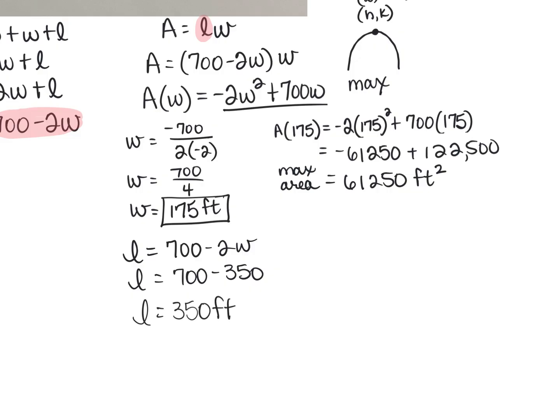Now again, the red is your first answer. That is the width that maximizes the area. Should it ask for the maximum area, that is here. This typically is not a question that they will ask you on this homework set.